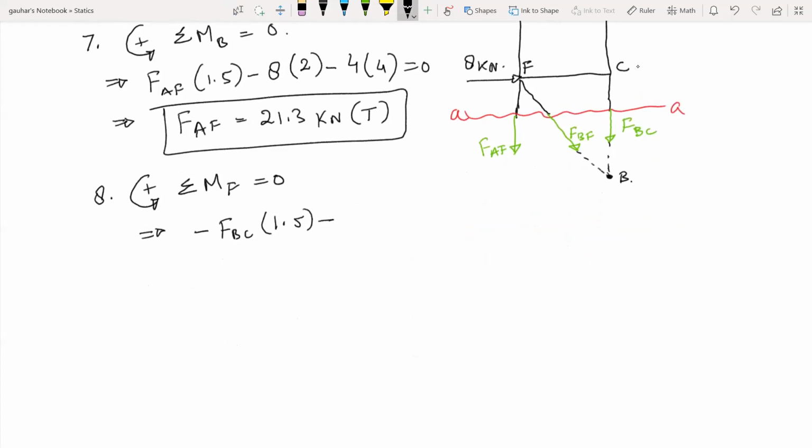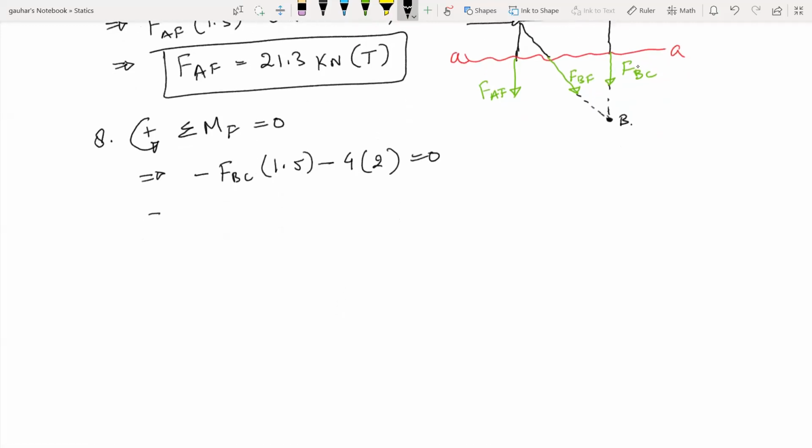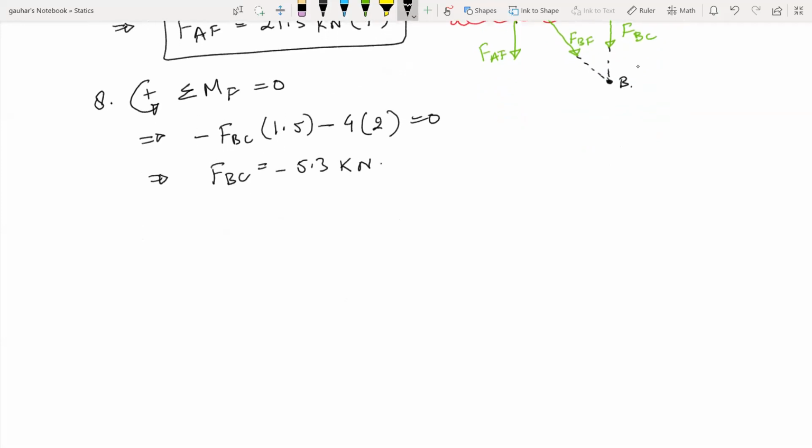Again, creating clockwise moment, so negative 4 times the moment arm is 2, right? Equals to 0. So from here, we get FBC equals to negative 5.3 kilonewtons. So as we assume tension, we got a negative number, which means that FBC is 5.3 kilonewtons compression force.